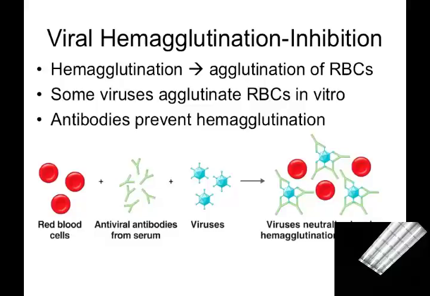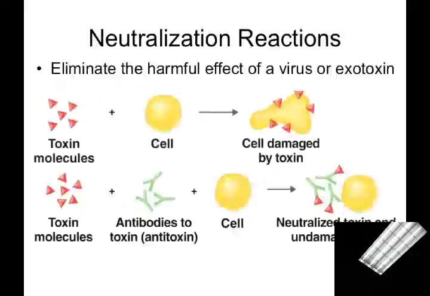Then we add this, which is the experimental part of the sample. This is the serum from the patient. And if this antibody recognizes this virus, it prevents it from attaching to the red blood cells, and we don't get an agglutination reaction. So this is called a viral hemagglutination inhibition reaction. It's a way to ask a question about what antibodies are in the patient's blood against some virus.